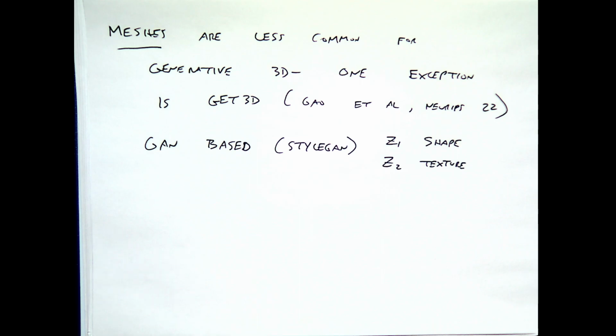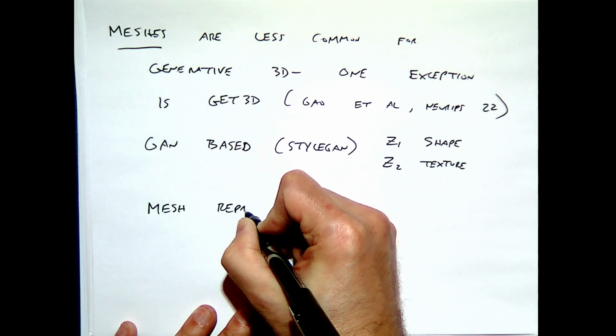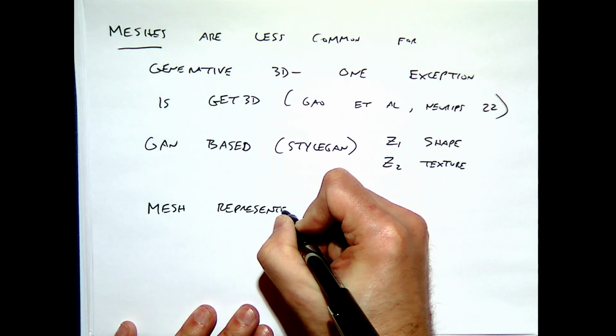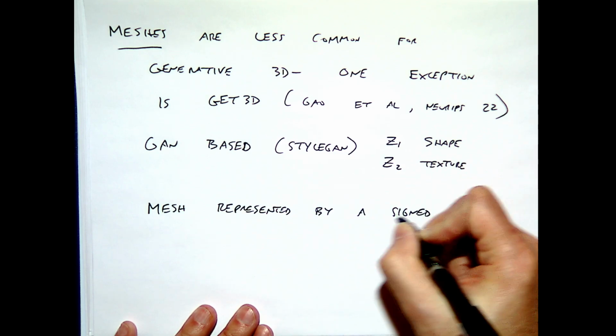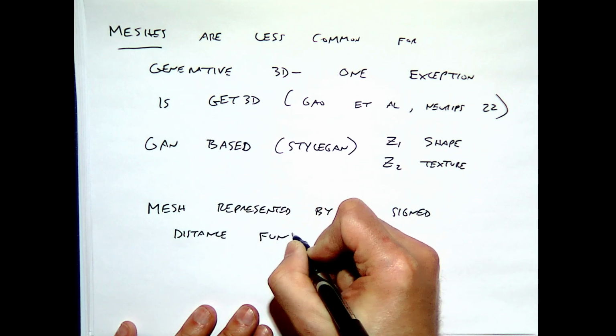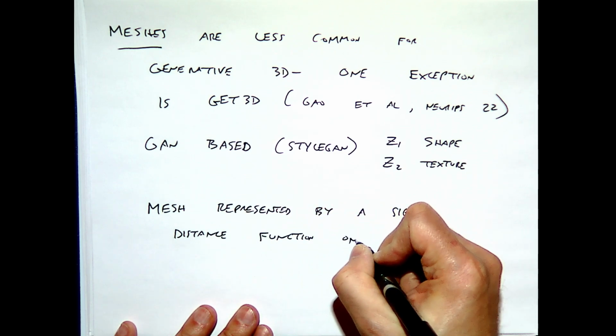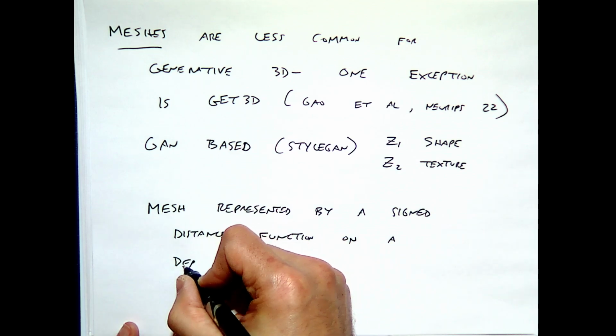And the mesh is represented by a kind of fancy representation. We have a signed distance function on a deformable grid of tetrahedrons.